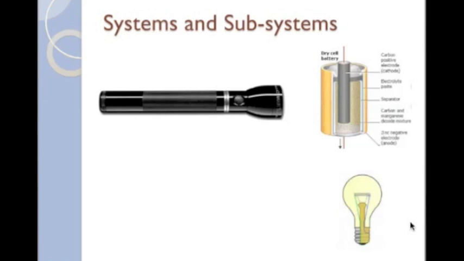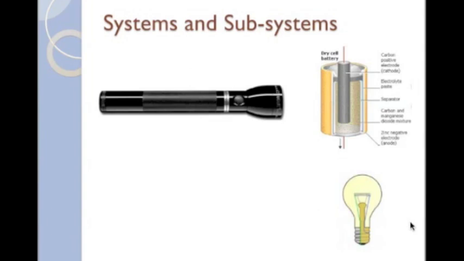Before we go further, let's revisit something we considered back in Lesson 1, the notion of systems and subsystems. Recall that a system is a group of objects that together accomplish some function. While a flashlight creates light, it also contains subsystems that accomplish additional functions that are necessary for the flashlight to create light.